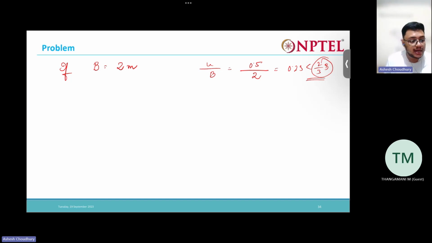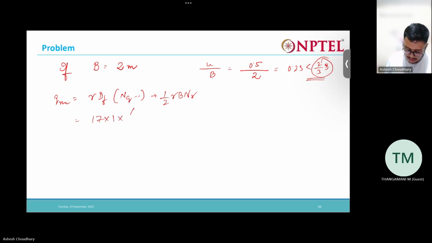Now let us find out the ultimate bearing capacity in this case. Gamma times 42.4, so how much will it be? 17 into 40.4.